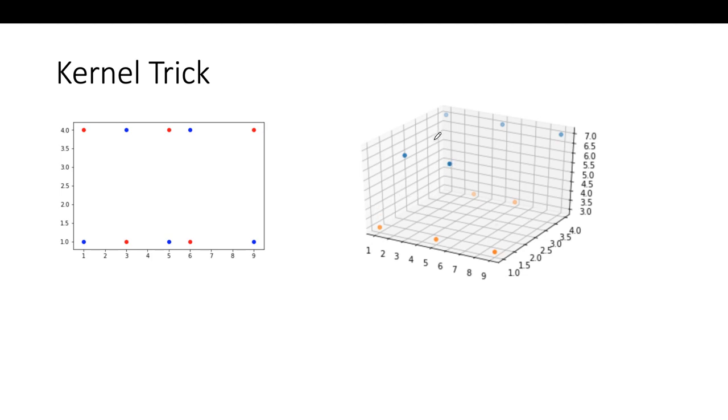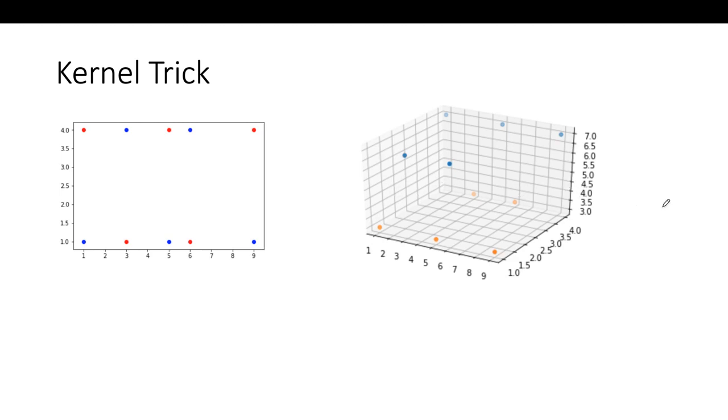So the blue points are more towards the top, and the red points, which are looking yellow here, are more towards the bottom. So now we can draw a linear separator in the form of a hyperplane, a plane actually. In n dimensions the linear separator is called a hyperplane.